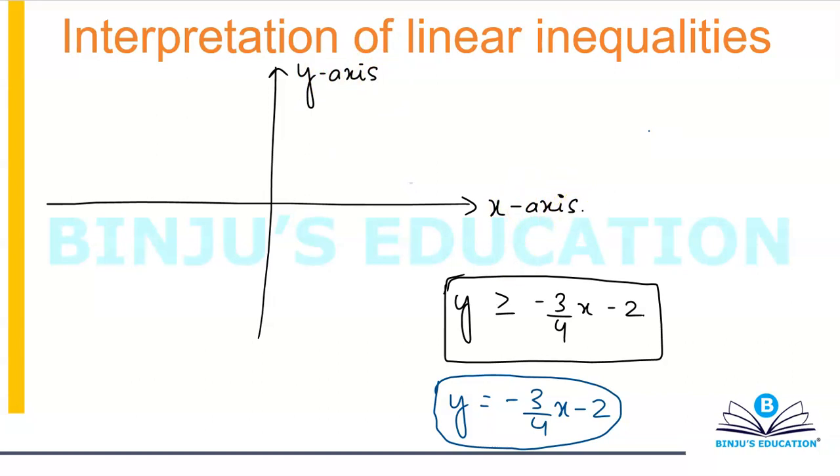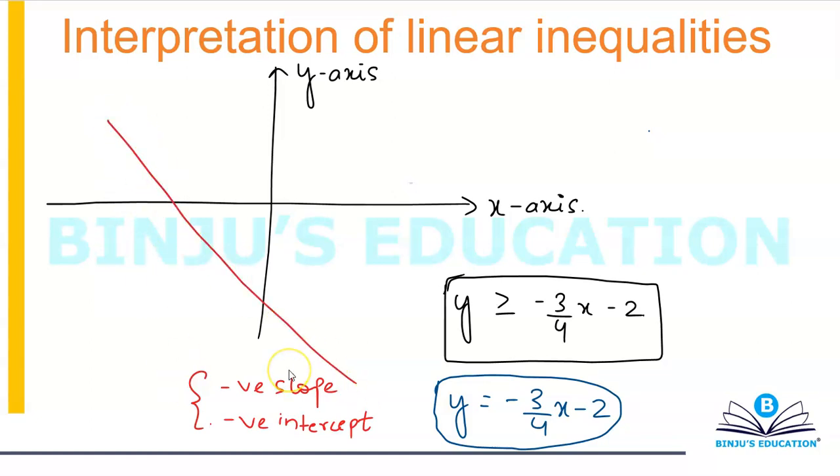Looking at the equation, I can say that I have a negative slope and a negative intercept. Negative slope means the line is going to pass through the second and fourth quadrant. Negative intercept means the line is going to intersect the y-axis below the origin. So your line will be something like this.